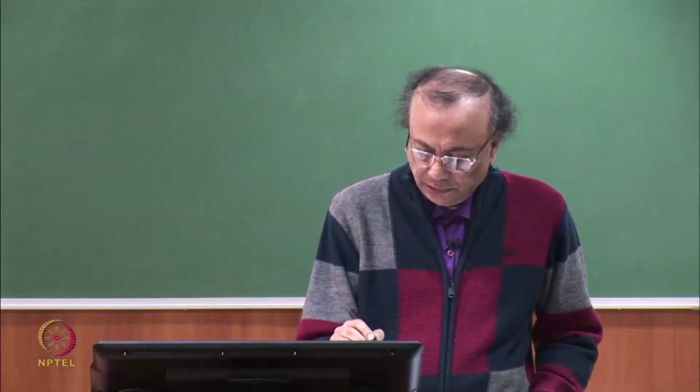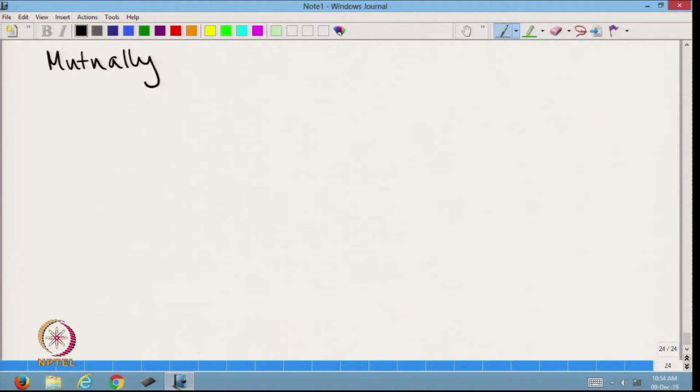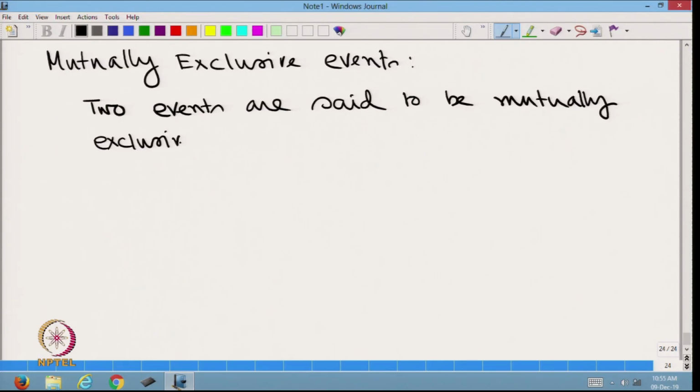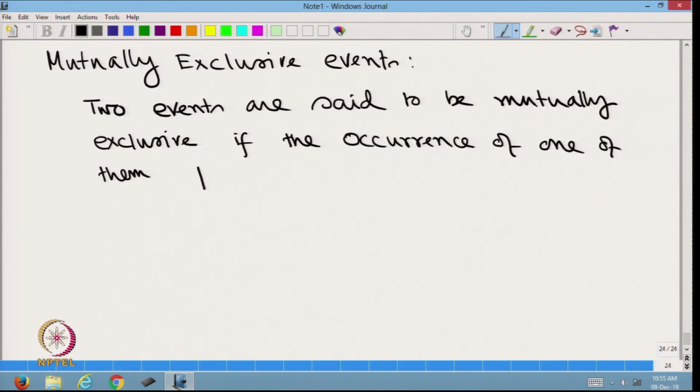Mutually exclusive events. Two events are said to be mutually exclusive if the occurrence of one of them precludes the occurrence of the other.